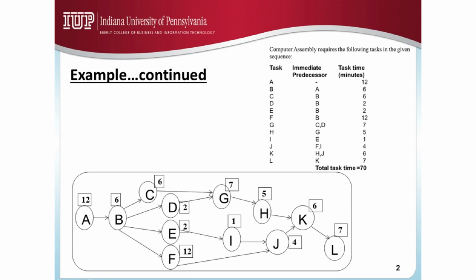What you see in boxes here above each task is the time taken for those tasks. 12 minutes, 6 minutes for B, 7 minutes for L, and so on. Now, let us look at assigning these tasks A through L to the different workstations.